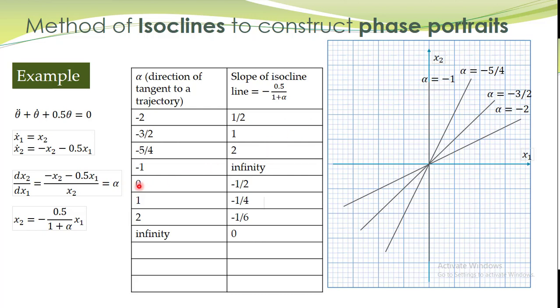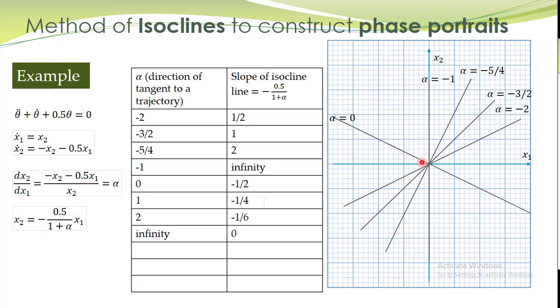Similarly, alpha equal to 0 corresponds to this line. How to draw this line? Minus 1 by 2. So one box vertically and two boxes horizontally, but the horizontal box in negative direction, right?